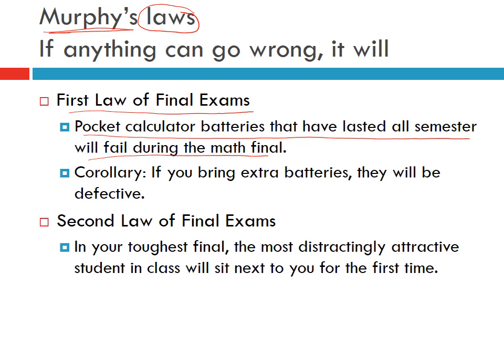So how did they become laws? It's because something was observed and then it seemed to get repeated enough times. So eventually we kind of make fun of it and call these laws.